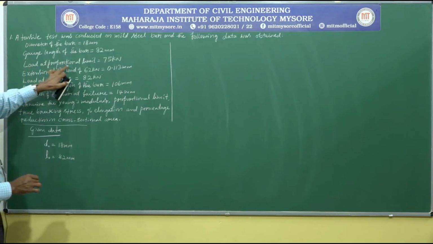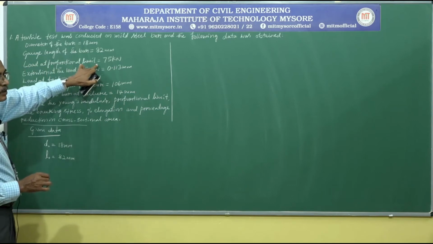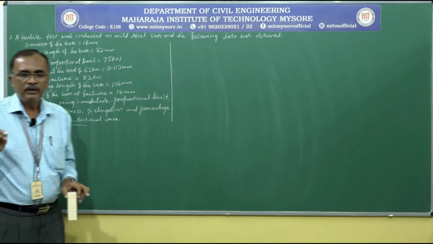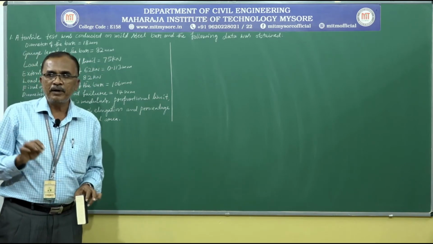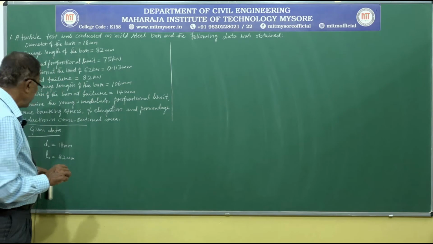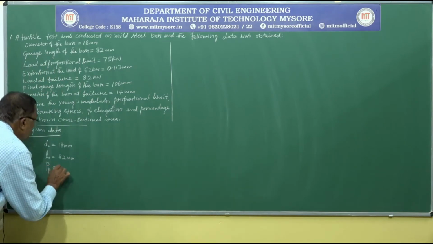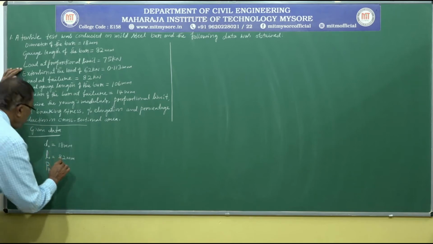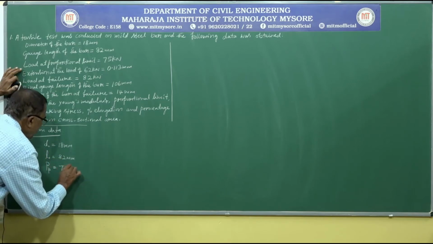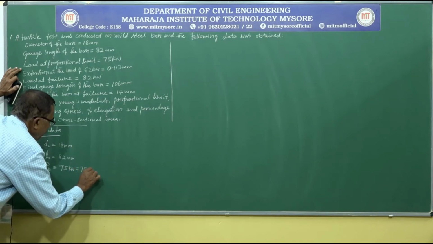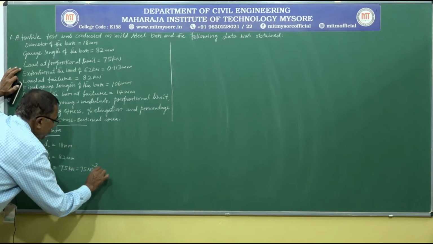Then load at proportional limit, load at point P, that proportional limit can also be called a safe point, permissible point or allowable point. Let us designate it as PP. PP is equal to 75 kilonewton, and convert this into Newton, 75 into 10 power 3 Newton.